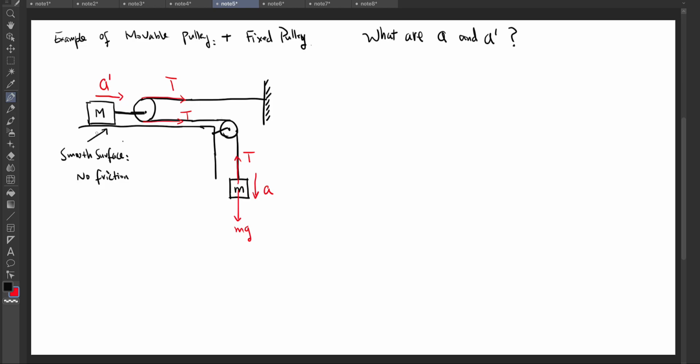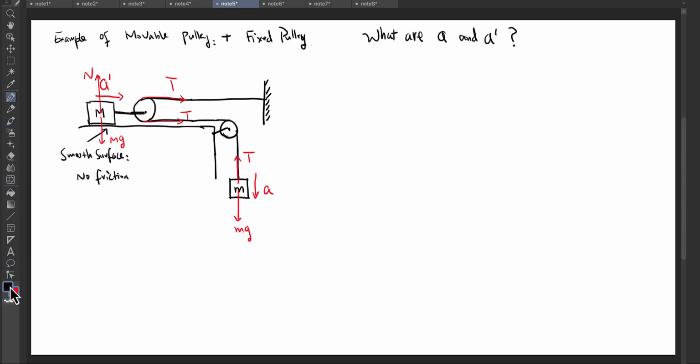And because the surface here is smooth, there are no other forces in this horizontal direction. Now in the vertical direction, of course, there's gravity, capital Mg, and the normal force due to the smooth surface, which is upward.